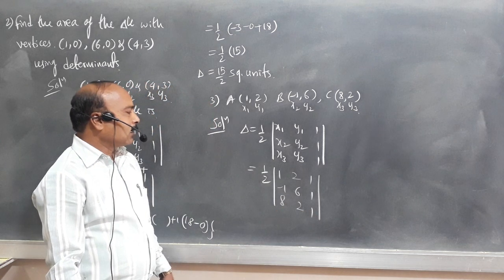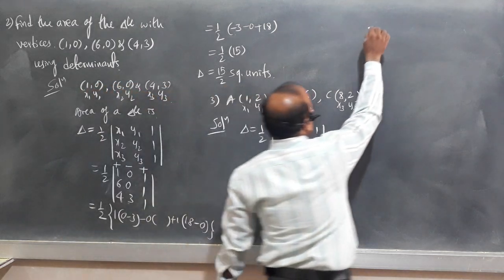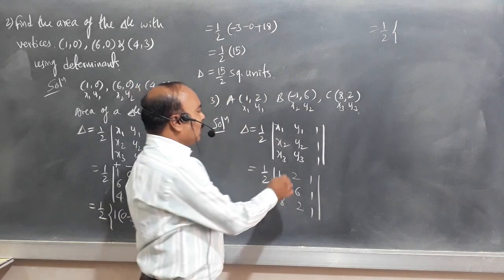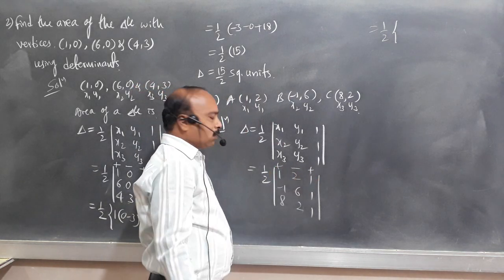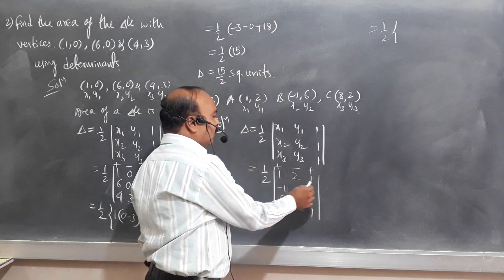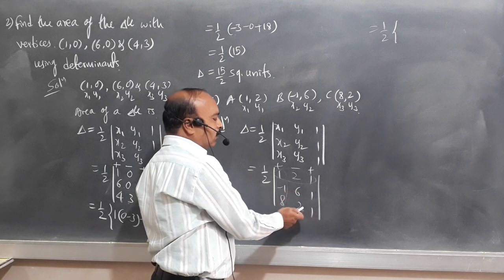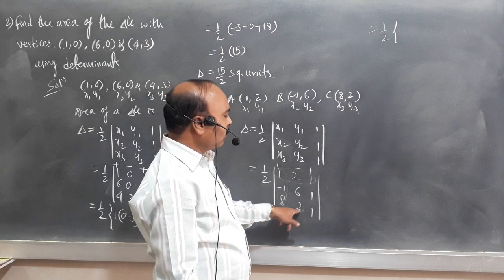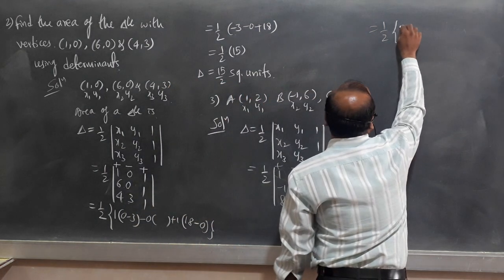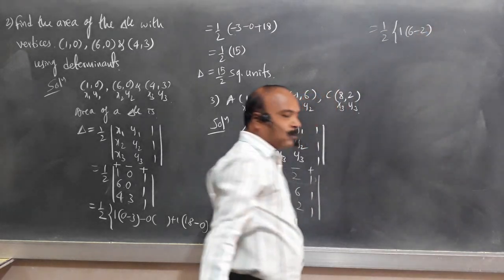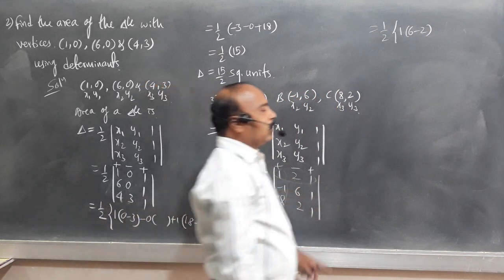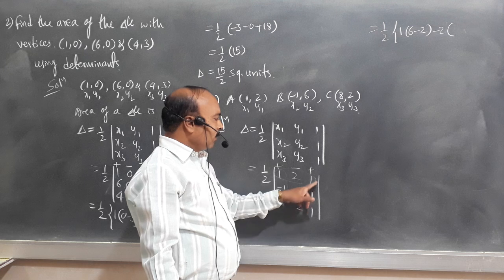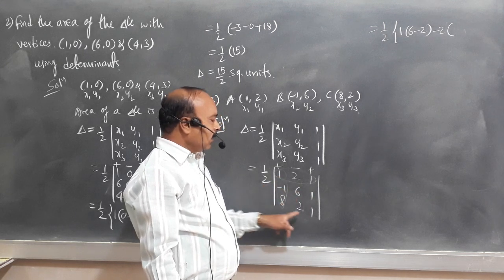Now expanding this determinant, it is equal to 1 by 2 into, now we write plus, minus, plus. After that, for 1 we use this column and this row, we get 6 1, 2 1. The determinant 6 1, 2 1 is 6 into 1 is 6, minus 2 into 1 is 2. Then we get 1 into 6 minus 2. After that, take 2 with a negative sign, that is minus 2 into, deleting this column and this row, we get minus 1 1, 8 1.